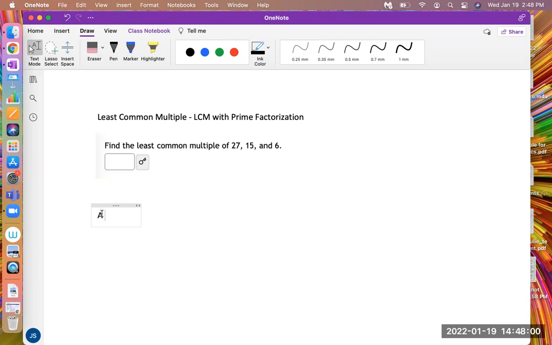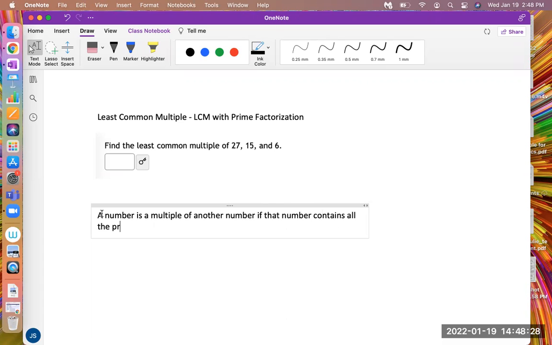A number is a multiple of another number if that number contains all the prime factors.